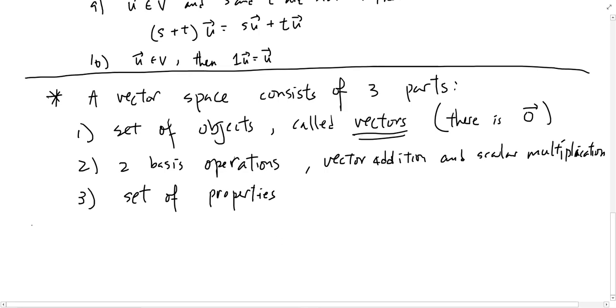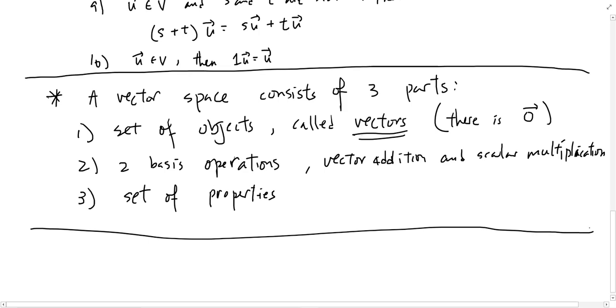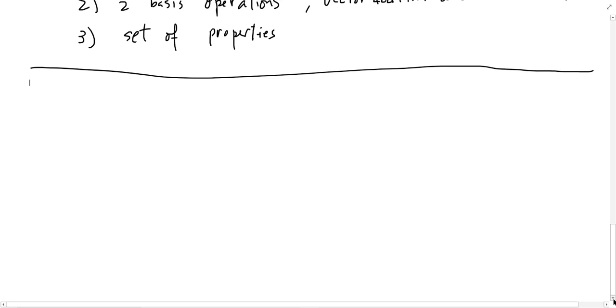Now, some of you might be confused as to what this vector space is. The idea here is to simply understand that a vector space, as the name suggests, is a space, like the XY plane or the XYZ space that we have been dealing with. The only difference is that when we deal with the XY plane or XYZ space, we're using position vectors to define position in space.